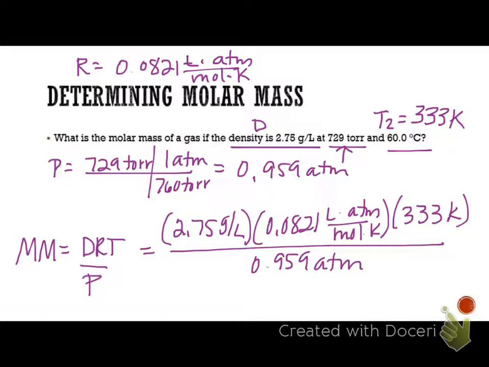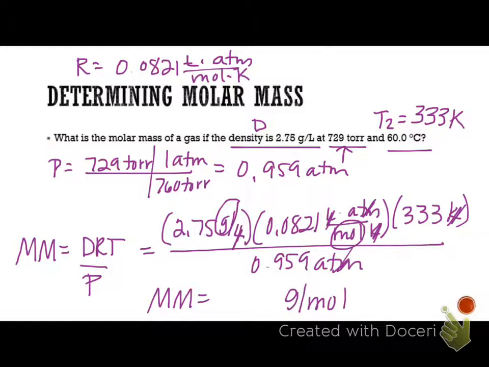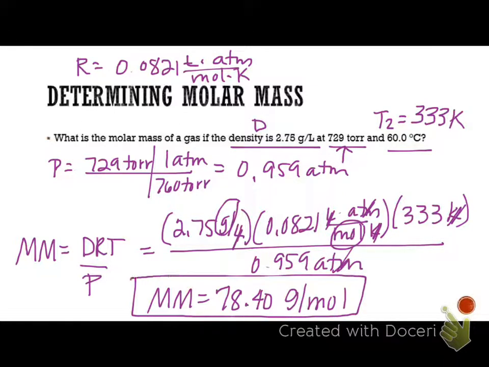What's going to cancel out is Kelvin, atmosphere, and liters, so that I'm left with grams on top, moles on bottom, which is what my units of molar mass are, grams per mole. So now when I multiply the top and divide by the bottom, I would get 78.40, keeping in mind we always do molar masses in 2 decimal places.